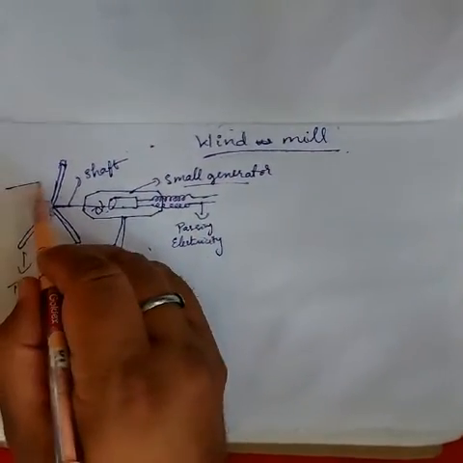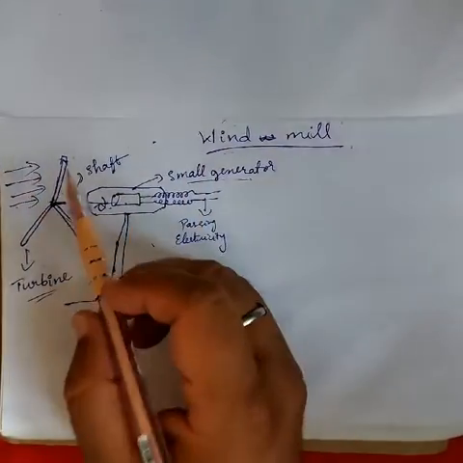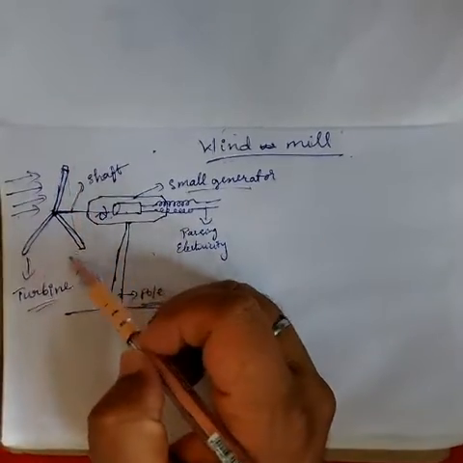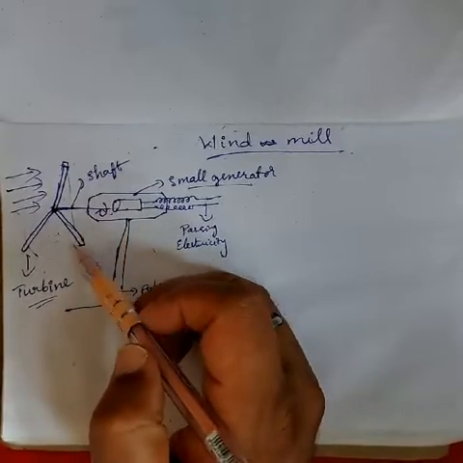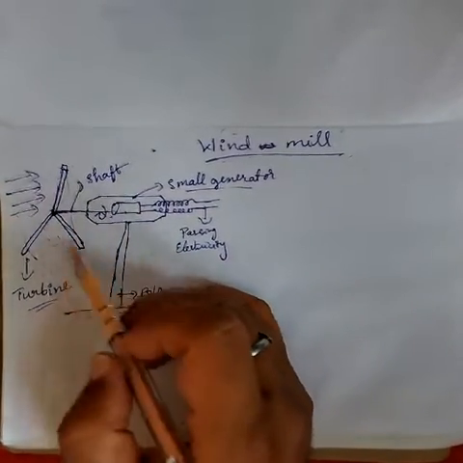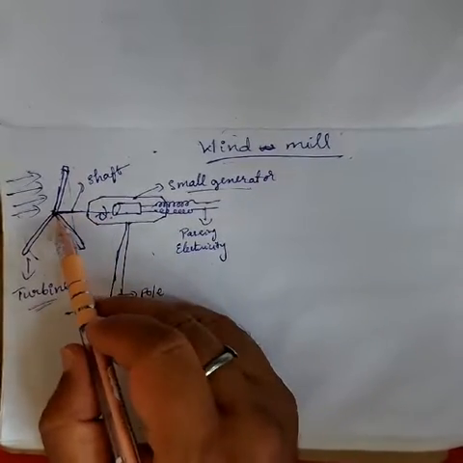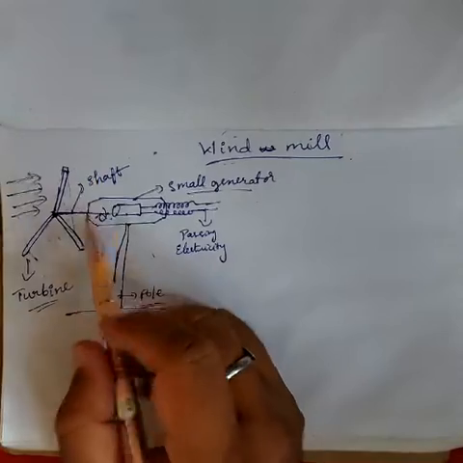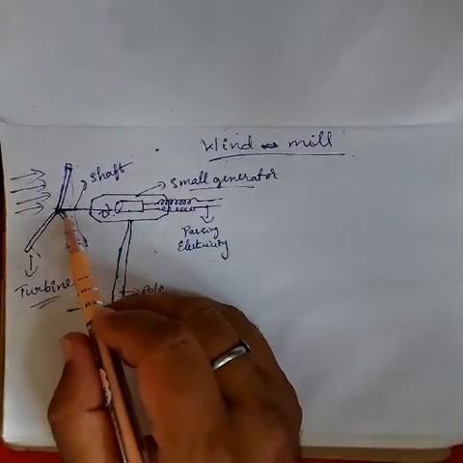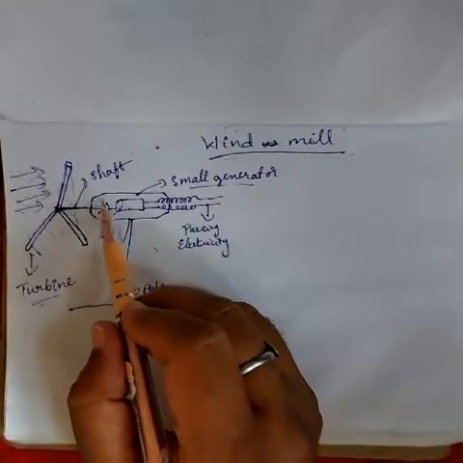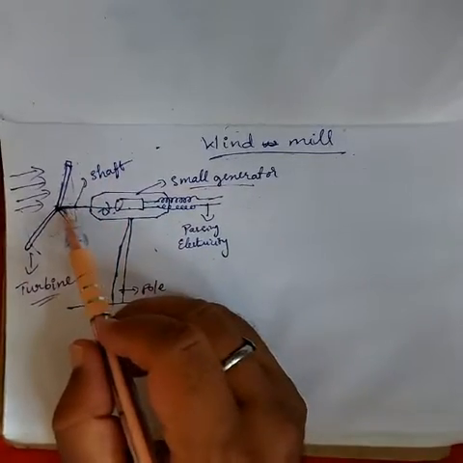As the wind blows, these blades rotate. It means the turbine rotates, and as the turbine rotates, mechanical energy is formed. This turbine is connected to a small generator by the help of the shaft.